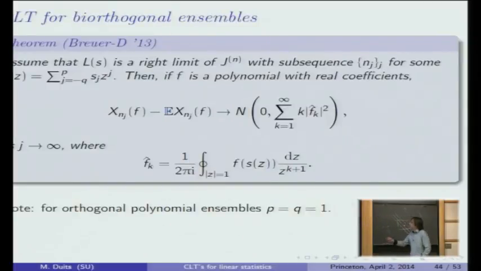Okay, so here comes the theorem. Assume that the Laurent operator S, which now has this general form because P and Q are related to the number of terms in the recurrence. So if we have a Laurent operator, which is a right limit of this Jn, which is not a Jacobi operator but has larger bands, then we have a central limit theorem for polynomial f.